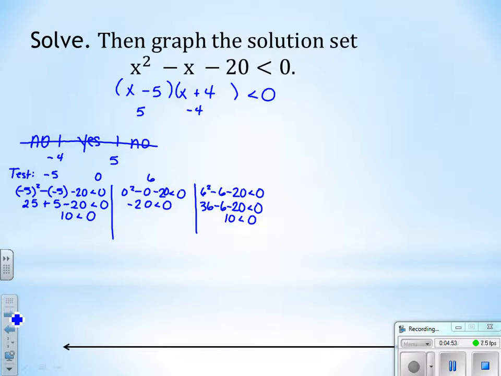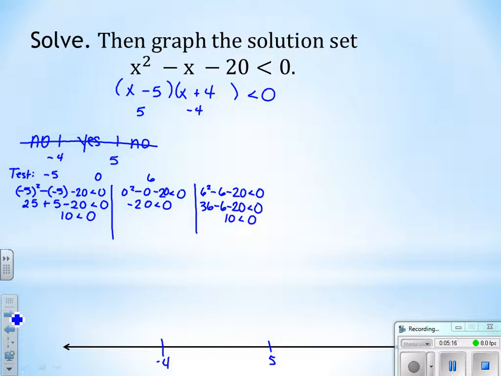So we know that when we give answers to inequalities, since it's not a set number, it's generally a grouping of numbers or intervals of numbers, we graph our solutions on number lines. With negative 4 and 5 marked, you need to show on here that our solutions lie in between those two numbers.